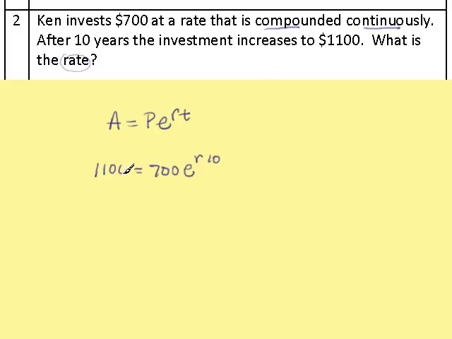1,100. Start by dividing both sides by 700. So we have 11 over 7 is equal to e to the r times 10. Ln both sides. And here we're just going to get r times 10 because the exponential base e and ln are inverses.